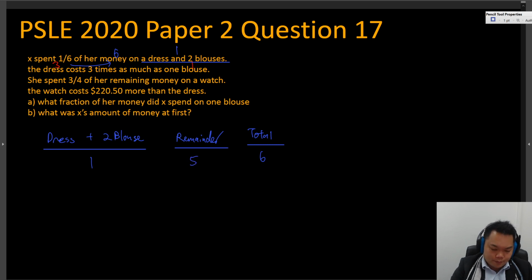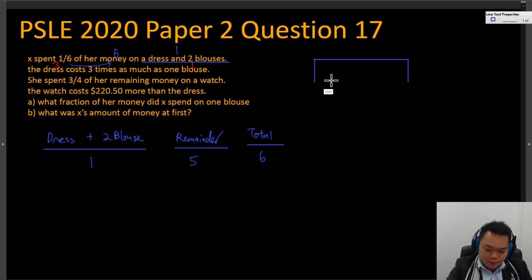Okay, you have 1 blue block. Just imagine this. If you want, I can draw a model in parallel. So this was spent on the dress and 2 blouses.